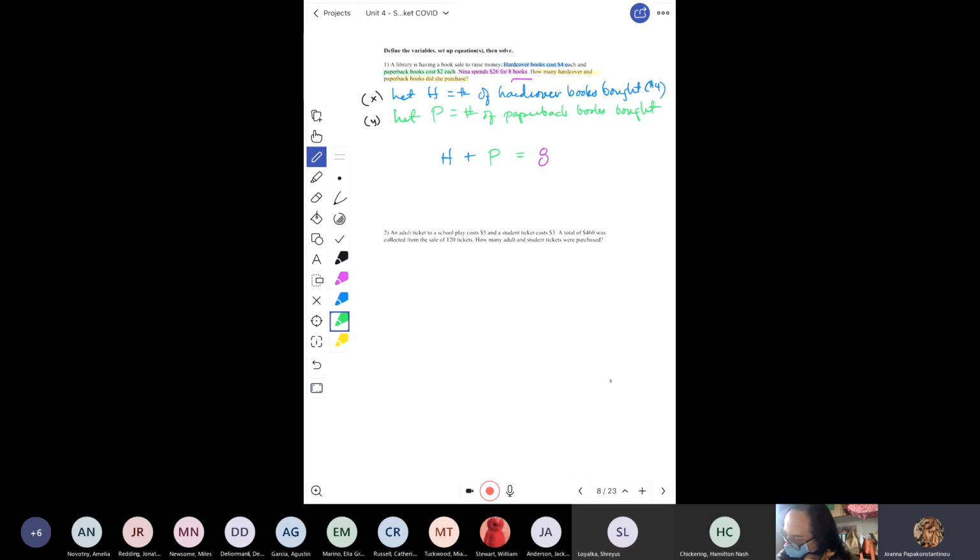You don't have to. And the cost of paperback? $2. So can we come up with another equation that represents the money? $4 for every hardcover plus $2 for every paperback is going to equal 26. There's my system.